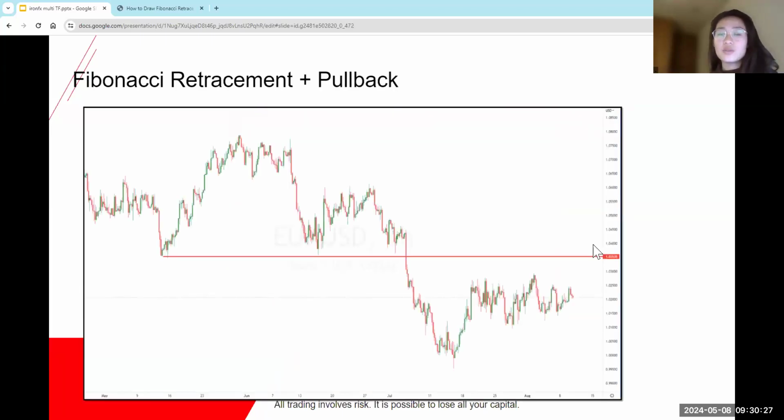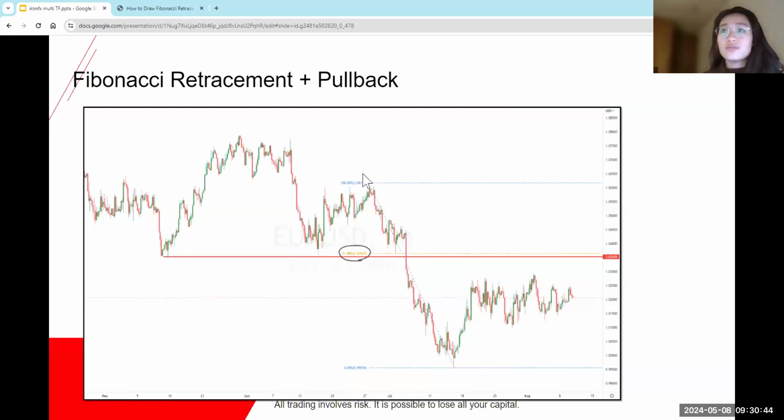So this is an example of combining our Fibonacci retracement with our pullback. In this example, we have a pullback. We have two swing lows, price breaking below it, and we're expecting price to retrace or pull back to this level.